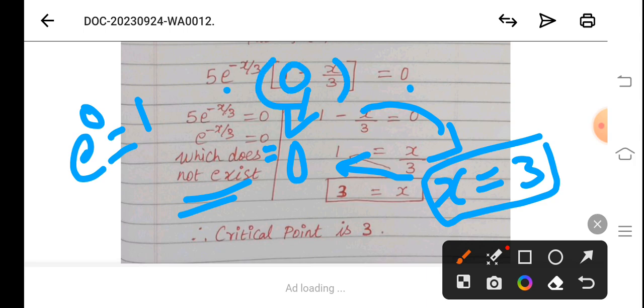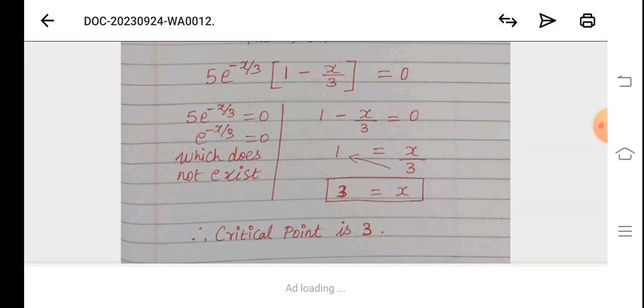It doesn't mean both must be 0. If two numbers multiplied, x into y equals to 0, it's not necessary that x should be 0 and y also 0. Any one equal to 0 is enough. If both are equal to 0, well and good. But here, the second term alone equated with 0 gives the critical point 3.